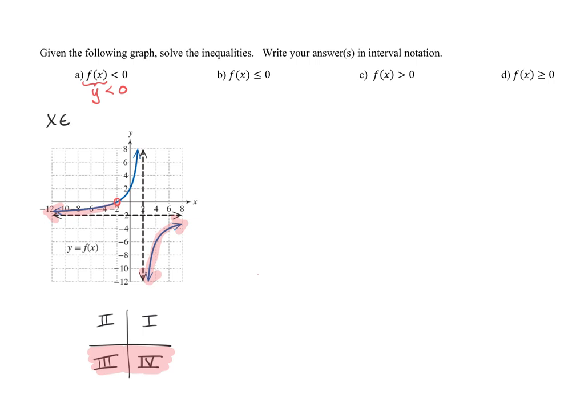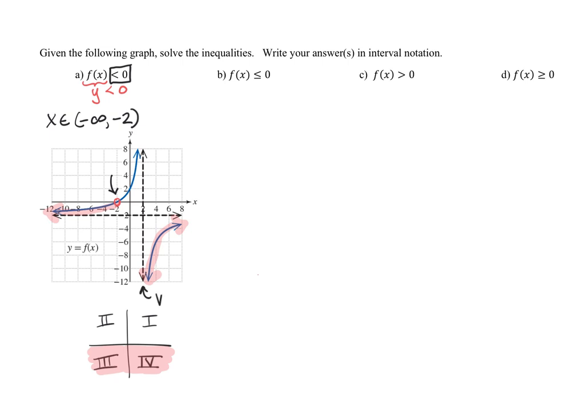So we're going to have x values from negative infinity to negative 2. And we're going to use a parenthesis on negative 2 because remember, right here at x equals negative 2, the y value is 0, and we want to have y values that are less than 0, not equal to 0. But then we also want the right-hand portion of the graph, which starts right here at this vertical asymptote.